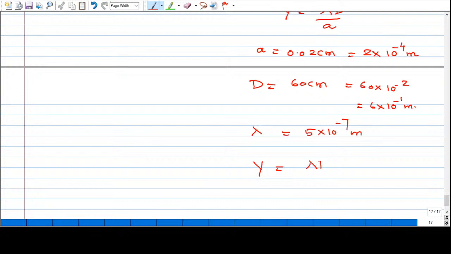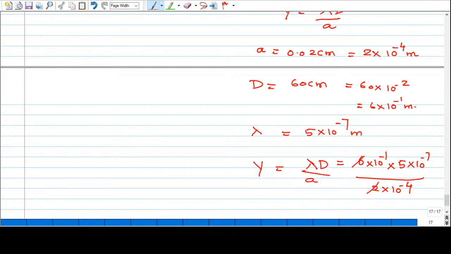y is equal to lambda D by a, which I can write as 6 into 10 power minus 1 for capital D, and lambda value is 5 into 10 power minus 7, divided by the a value, which is very clearly given as 2 into 10 power minus 4.